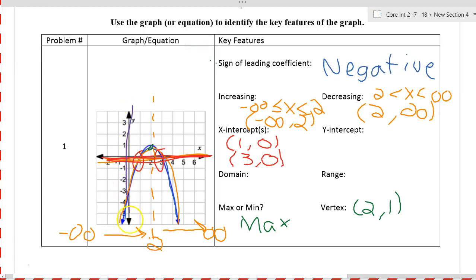What is our y-intercept? I believe it crosses right there. I have a lot of lines. Right now I'm not moving left or right, I'm only moving down. So it's (0, -3). Those are just those points.